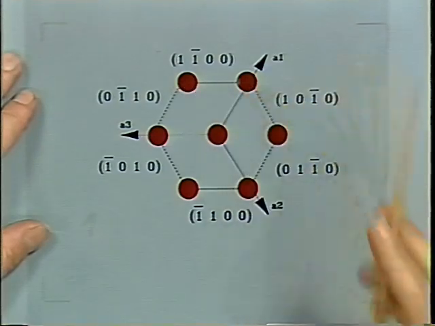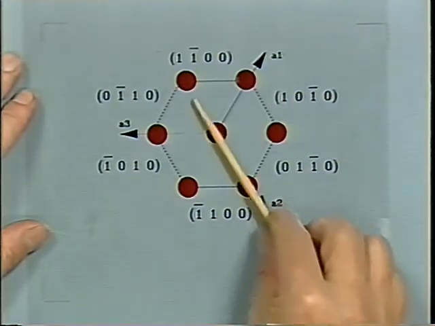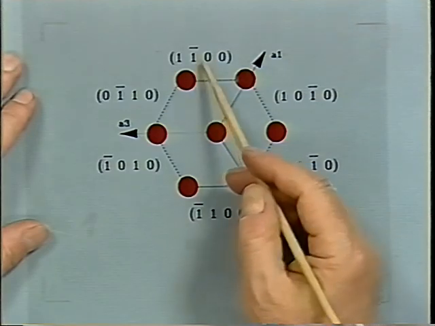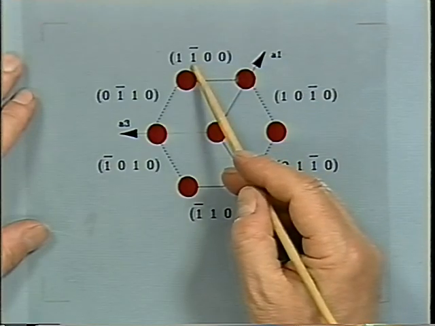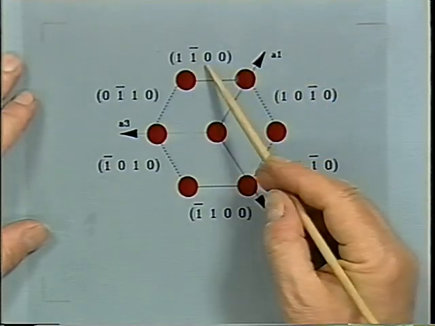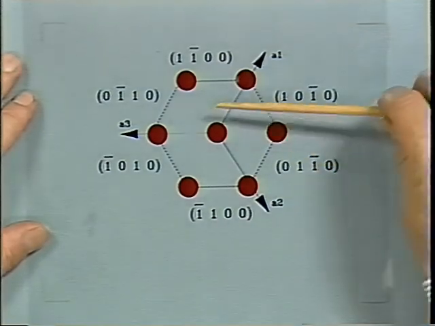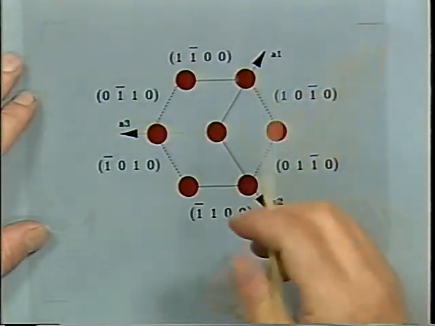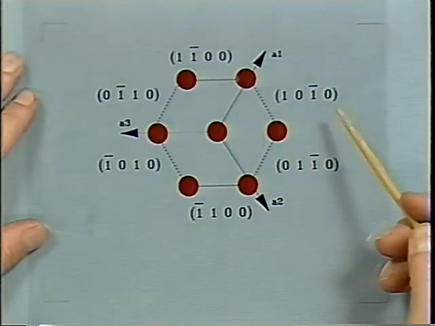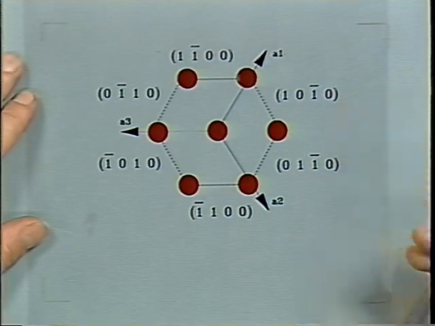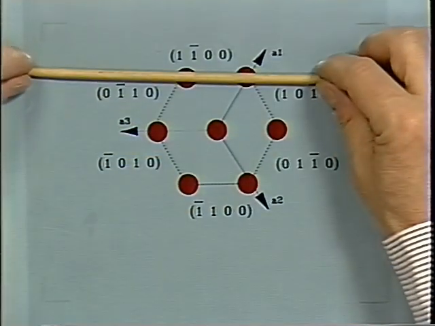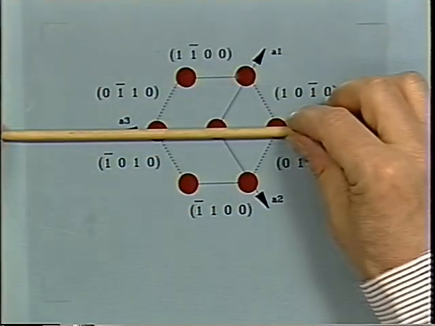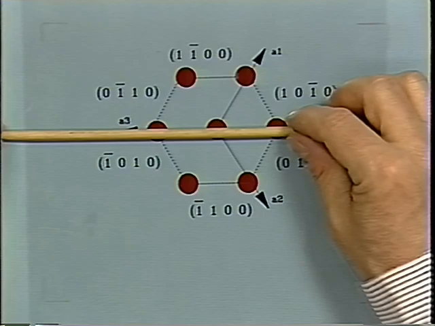And this plane intersects our second axis at -1. This is specified as the second index. And the third index is specified with this plane intersecting A3. That's giving us this index. And actually the intersection between this plane and that plane will be at infinite distance.